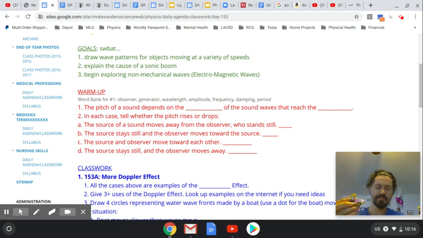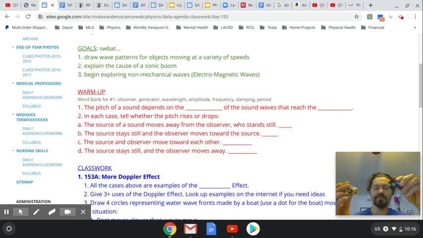So this means that the waves are going to be more spaced out than they normally would be because the sound generator is moving away. So if it makes a sound every put, put, put, they're going to have big spaces.